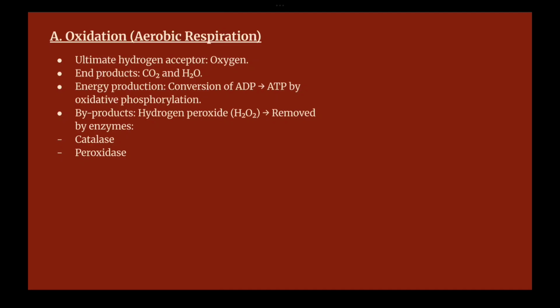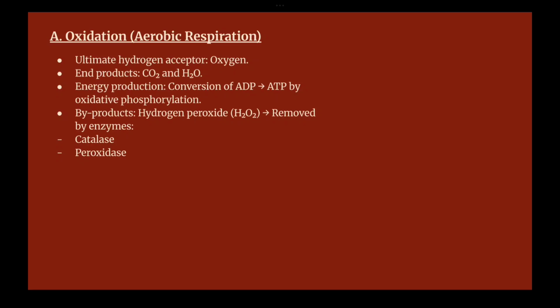The energy is produced by conversion of ADP to ATP by oxidative phosphorylation. So oxidative phosphorylation happens only with the accepting of oxygen. When the accepting of electrons takes place, the ADP is converted to ATP, producing energy for the cell.